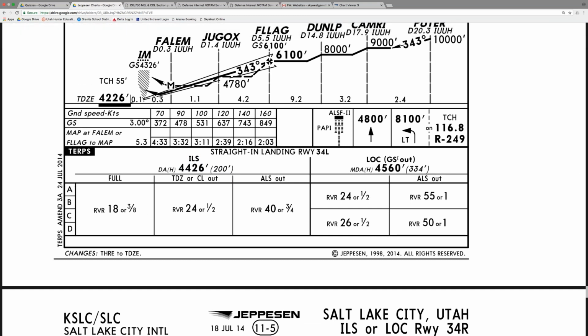But if the glide slope part of the ILS goes out of service, then we use a localizer approach. And this is just telling us our altitude. And yet we've got a little bit more of a restriction on our ceilings, right? Our ceilings automatically go up 134 feet, which really equates to 400 or 200 feet total, right?